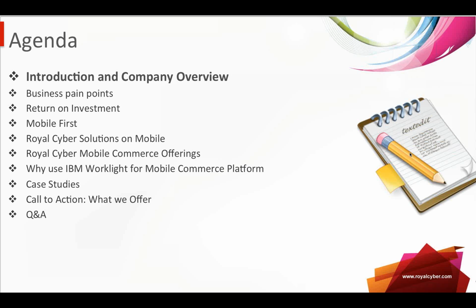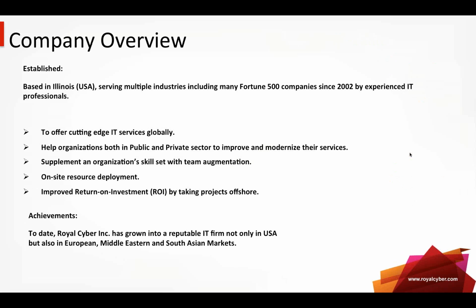Moving forward, introduction. We are based out of Chicago, Illinois, in the United States, and we have been in business since 2002. We have a lot of good resources onshore as well as offshore who help with the different mobile initiatives that we are doing at Royal Cyber around solutions, offerings, and services.